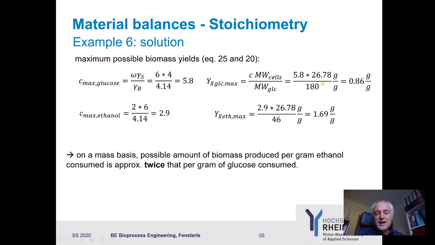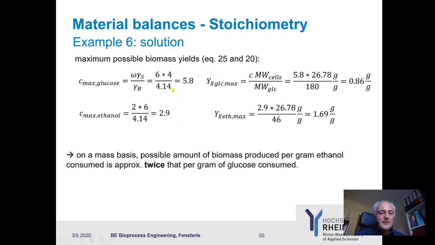Remember that the biomass now is a bit different. Before we had the biomass without ash in the first example. Now we have it with ash, so the biomass is 26.78 grams per mole, and we get a possible yield of 0.86. If we do the same with ethanol, we get a maximum possible biomass yield of 2.9.